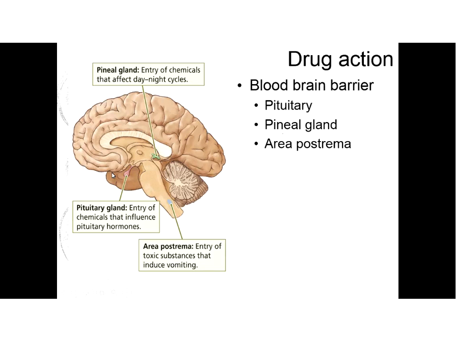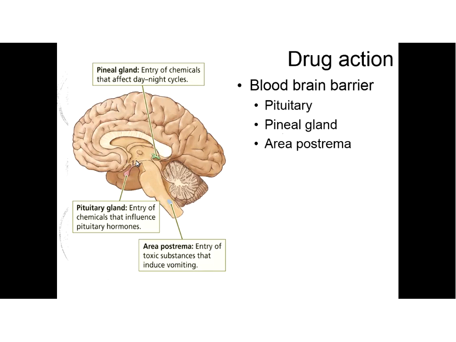And if you remember our discussion of the neuroanatomy, the pituitary gland is on the midline, and it's just below the hypothalamus. It's involved in, so here's the pituitary, here's the hypothalamus. It's involved in regulating a number of hormones throughout the central nervous system.